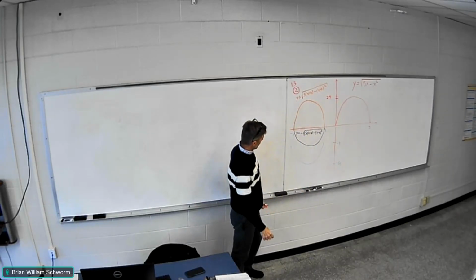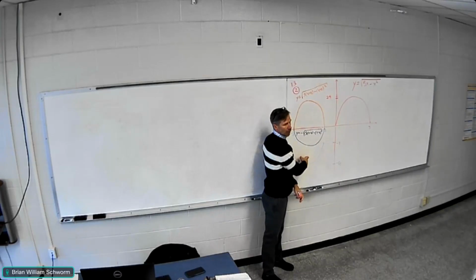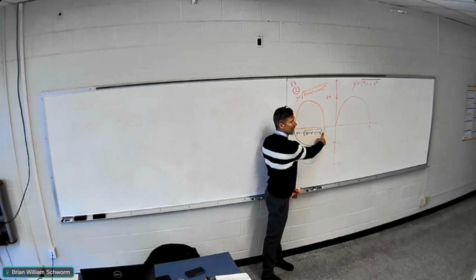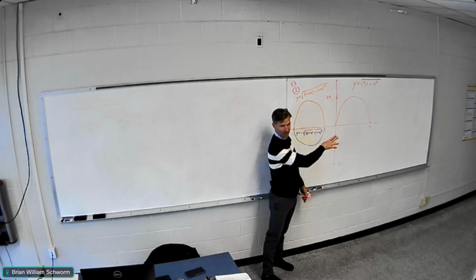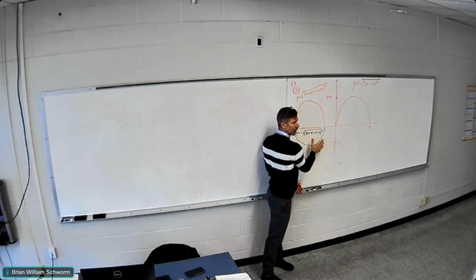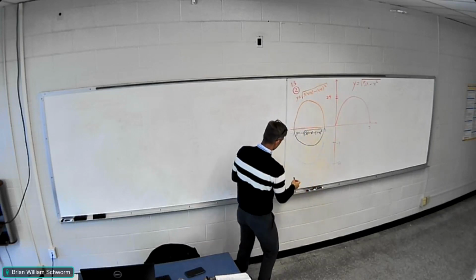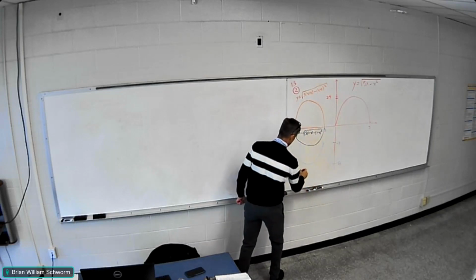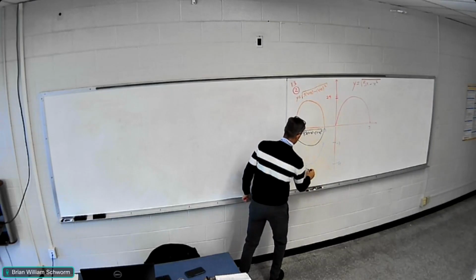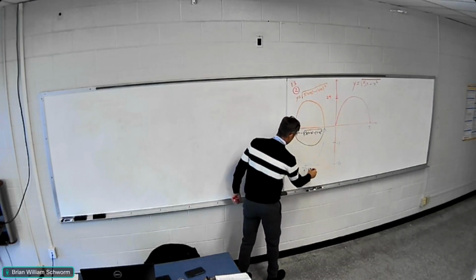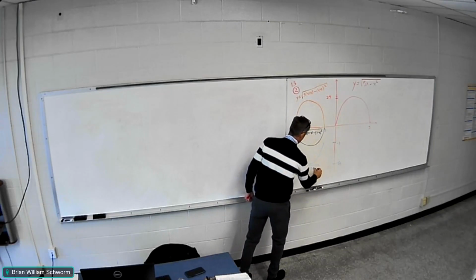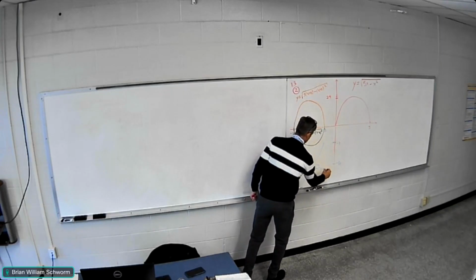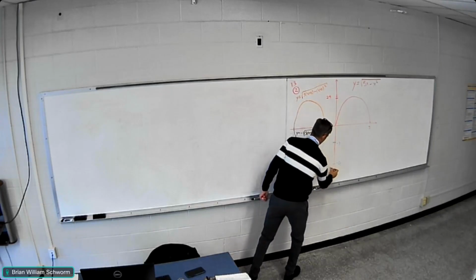A vertical shift down 3. So for vertical shifts, all you got to do is add or subtract a number at the very end of the equation. I just need to tack on a minus 3 at the end of this if you want it to go down 3 units. So the final equation is y equals negative square root of x plus 8 minus x plus 8 squared, and then minus 3.